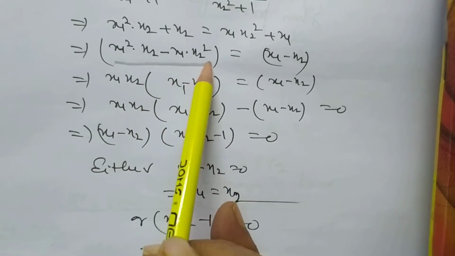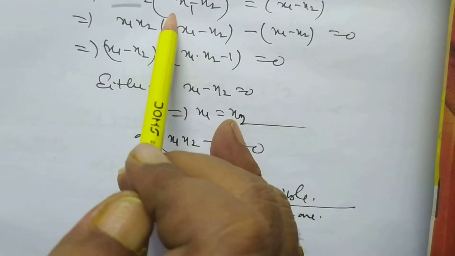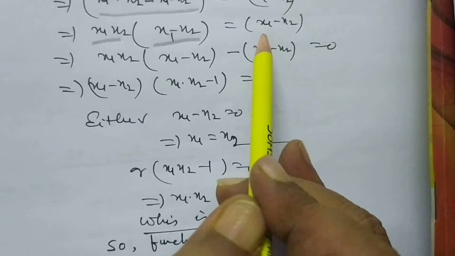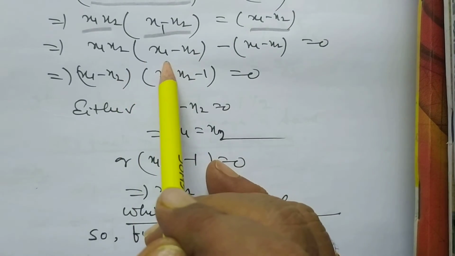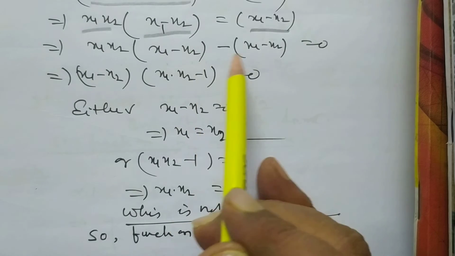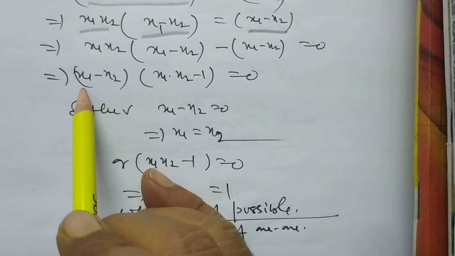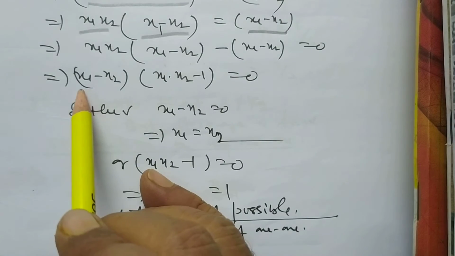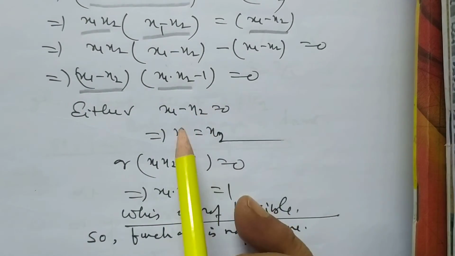And after solving, by taking x1x2 common, we have x1x2(x1 − x2) − (x1 − x2) = 0. By taking common (x1 − x2), we have (x1 − x2)(x1x2 − 1) = 0.